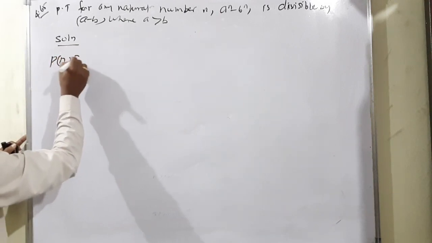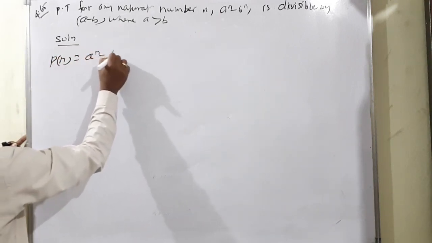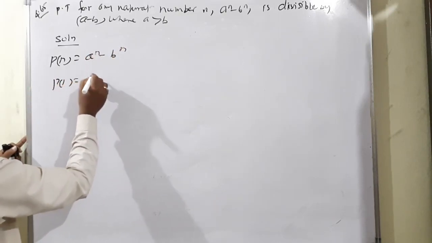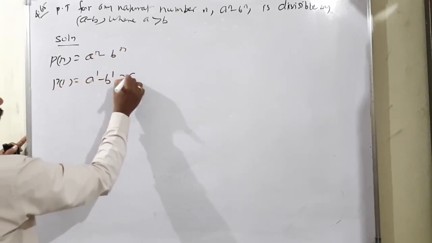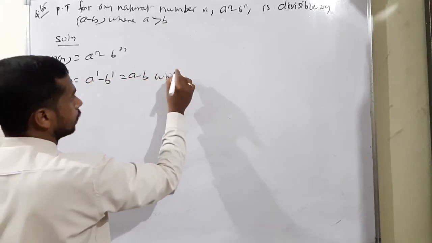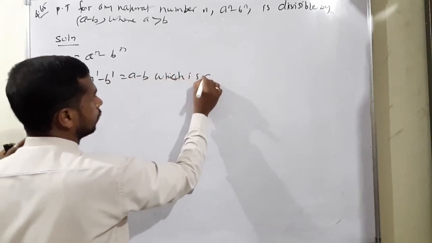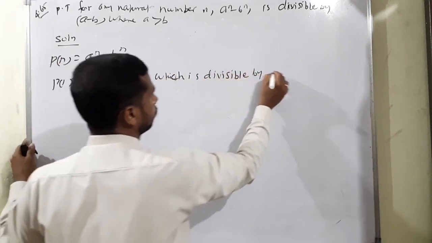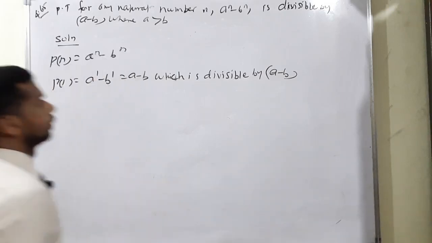So, P of n is equal to a power n minus b power n. Now, P of 1 means what will happen? A power 1 minus b power 1. Therefore, a minus b, which is divisible by a minus b.